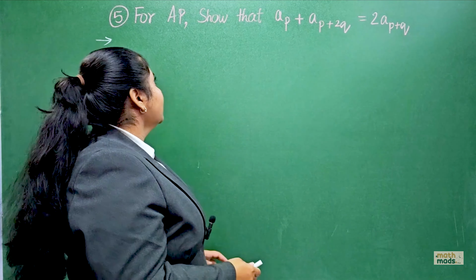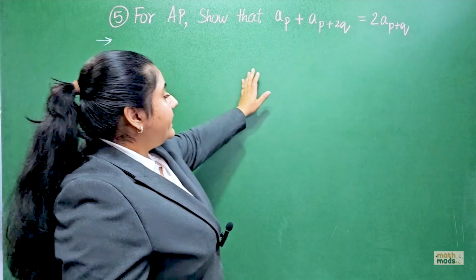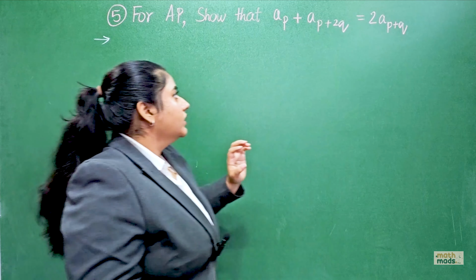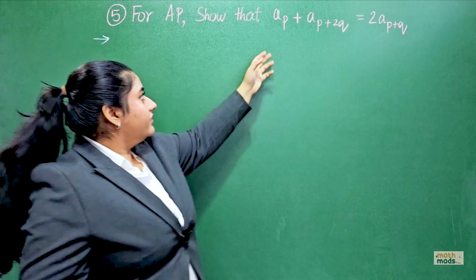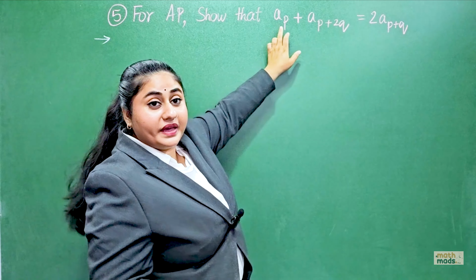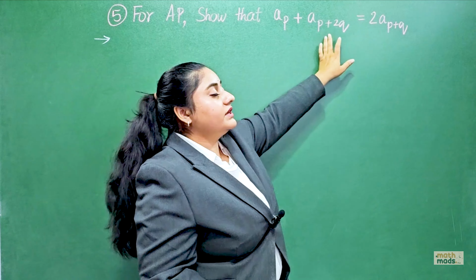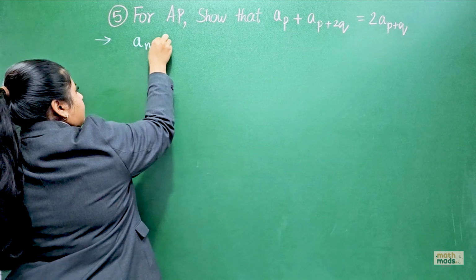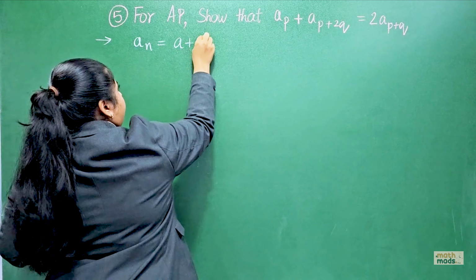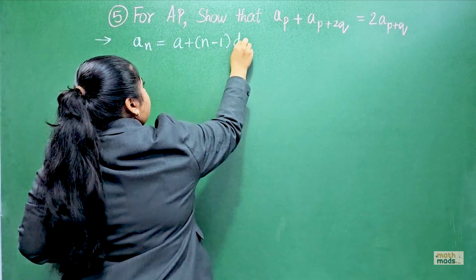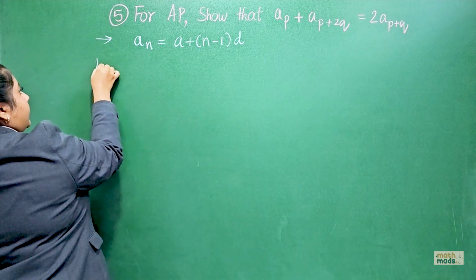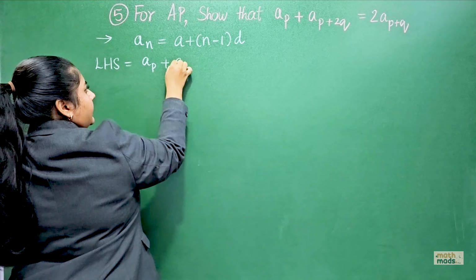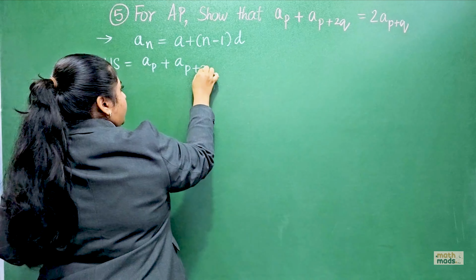Now the last question. Show that AP plus AP plus 2Q is equal to 2AP plus Q for an AP. Whenever they give it like this, it means a pth term and this is p plus 2qth term. Generally, we know an is equal to a plus n minus 1 into d. So if I take the left hand side, LHS is equal to ap plus ap plus 2q.